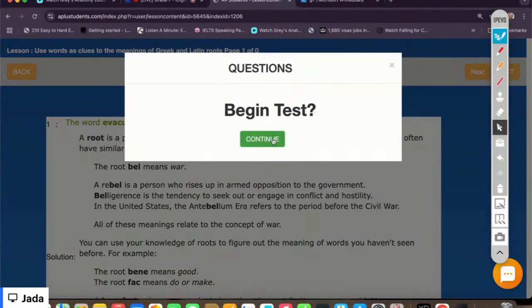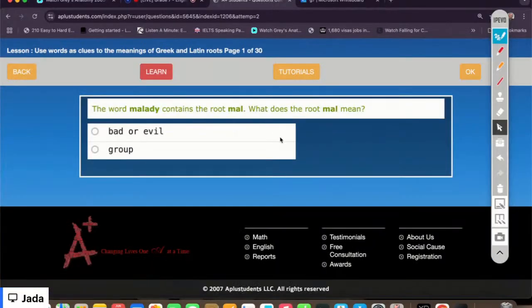Okay, let's go to the test. The word malady contains the root mal. What does the root mal mean?